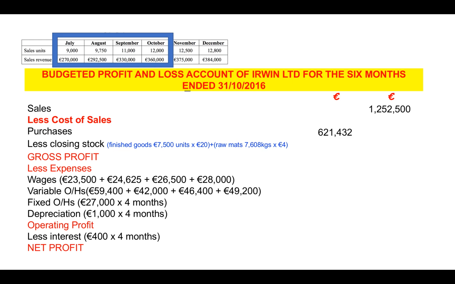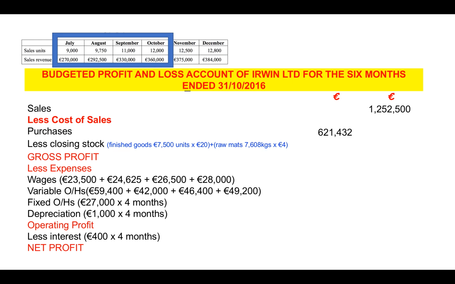Then less closing stock. Now, we have to account for the finished goods and the raw materials closing stock, because we have a couple more months at the end here and we have closing stock that we had to calculate in the question. So finished goods, 7,500 units by €20. We were told about that €20 in the question when it asked us to do this budget trading profit and loss, plus our raw materials closing stock 7,608.